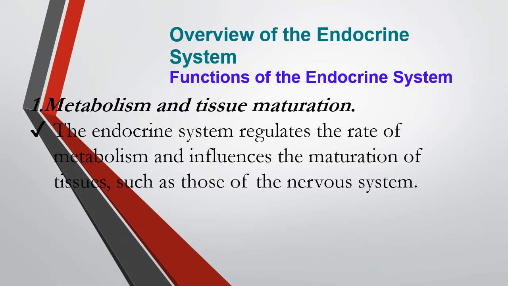Okay, now let's have the different functions of your endocrine system. First is the metabolism and tissue maturation. Okay, so the hormones, they regulate all kinds of metabolism, no? Cellular metabolism, the maturation of tissues, especially of the nervous system.